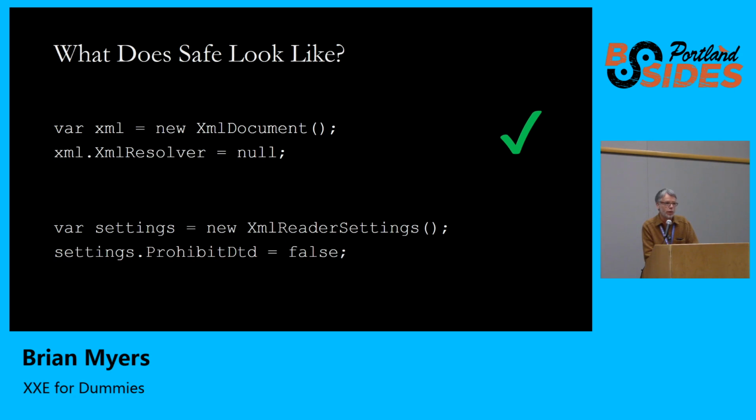The property is ProhibitDtd. If I set that property to false, I am allowing DTD, which is not enough to know for sure if it's invulnerable. I still have to check to see whether it will resolve external entities, but I can't say for sure that it's not vulnerable at that point. Just giving you a sense of what it's like to read the code.